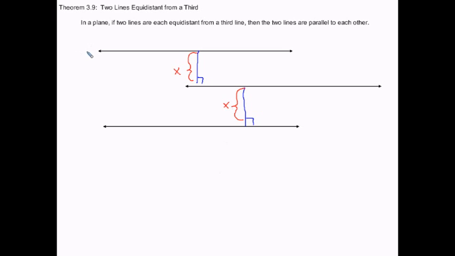I call these lines L, M, and N. If the distance between line L and M is the same as the distance between lines M and N, then L is parallel to N. So we can tell if two lines are parallel to each other if they're the same distance from another line.